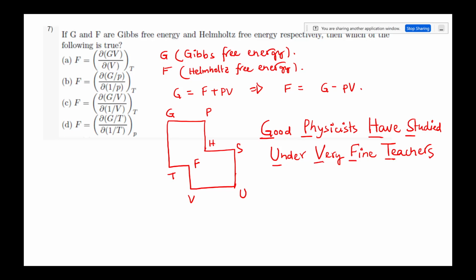Now to read it, if I have to find one differential, let's say dG, then this dG will be written in terms of dP and dT with its canonical conjugate. What is canonical conjugate? So let me write in terms of that.